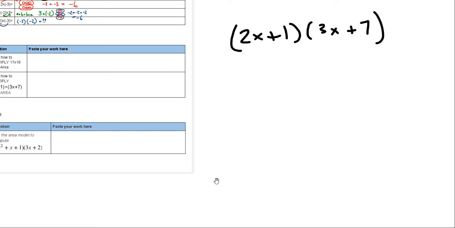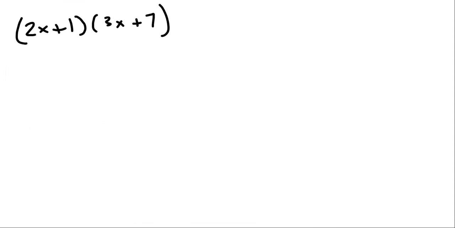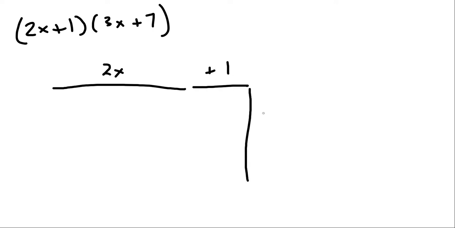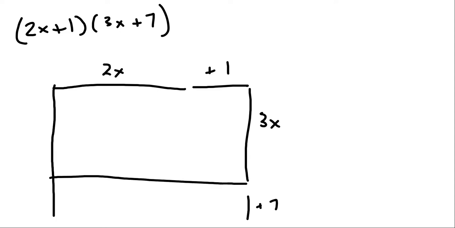We'll use the area model. Okay, so we're going to say this is the 2x's, and then plus 1, and then we're going to have 3x plus 7 area.